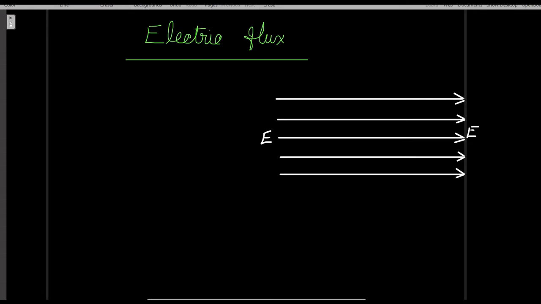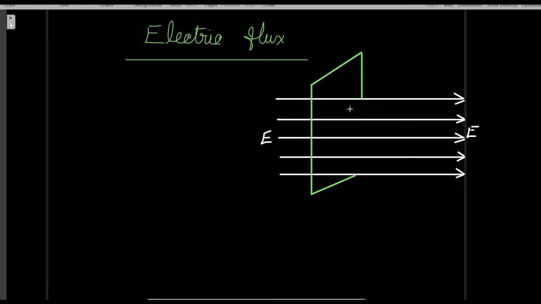Now let us consider an area through which these field lines are crossing. So this is the area through which electric field lines are crossing.